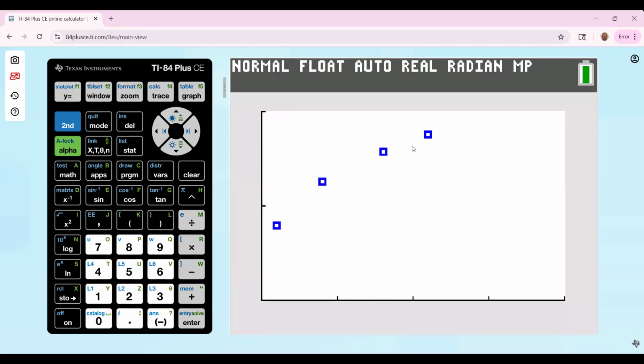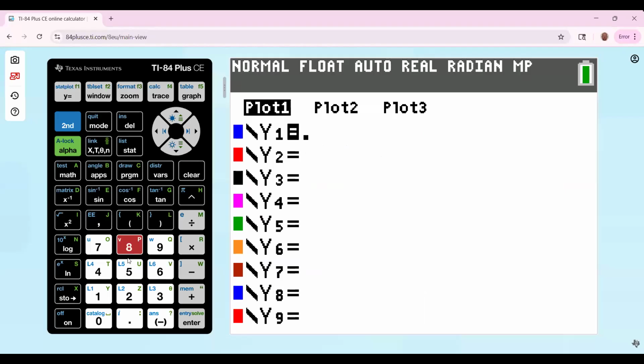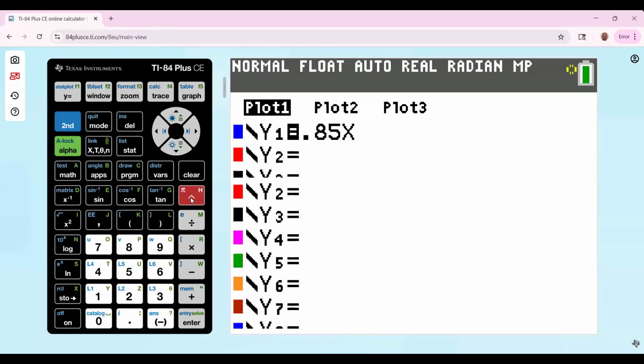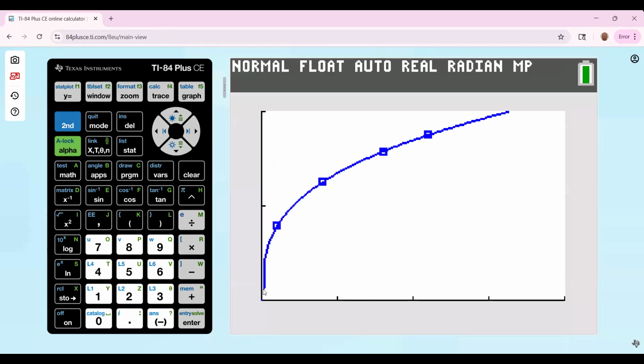Okay. Now, this is going to be our formula. So now it's going to be 0.85 W to the one-third. So let's go back over here. That's going to be 0.85 X to the 1 divided by 3. And it looks like it fits pretty well. Okay, so that's the key pieces that we need.